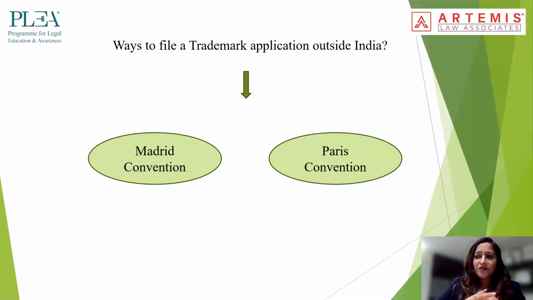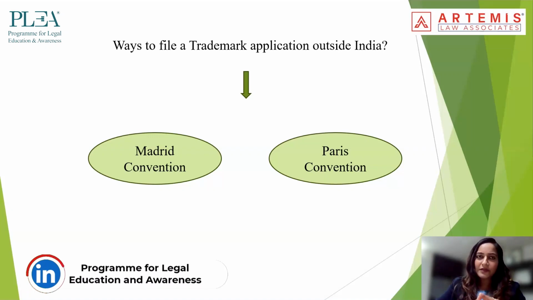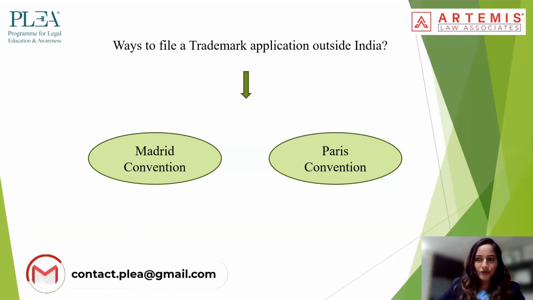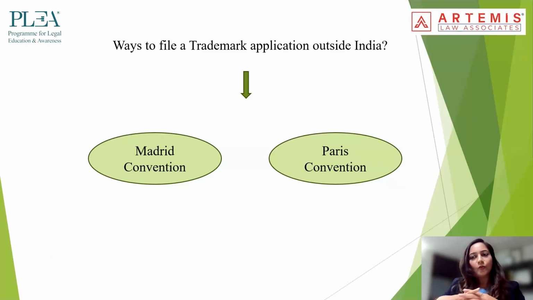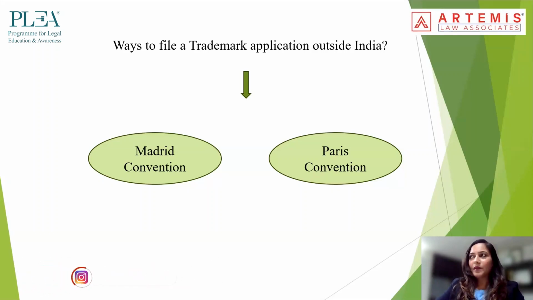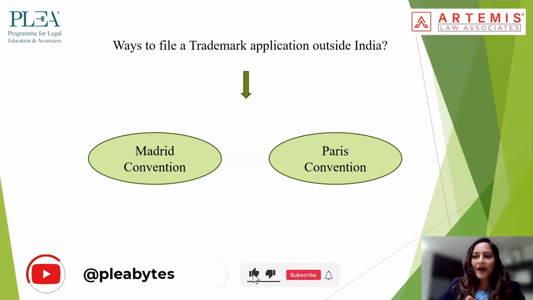But the downside of Madrid application is that if your home application, for example your Indian application, is refused, all the other applications directly stand cancelled. That's a big risk factor. To prevent that, if you're unsure and it's a risk that other regions are getting cancelled, in that case you go for Paris Convention.